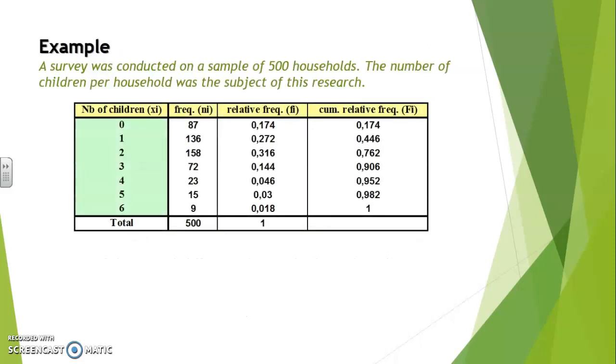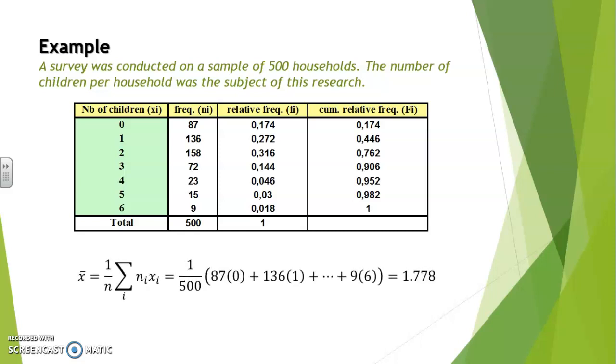For instance, here's a situation where we have 7 different observations, so number of children, 0, 1, 2, 3, 4, 5, 6, so those are your xi, but they don't appear with the same frequency. So 0 children occurred 87 times, whereas 6 children occurred 9 times, so they don't have the same weight.